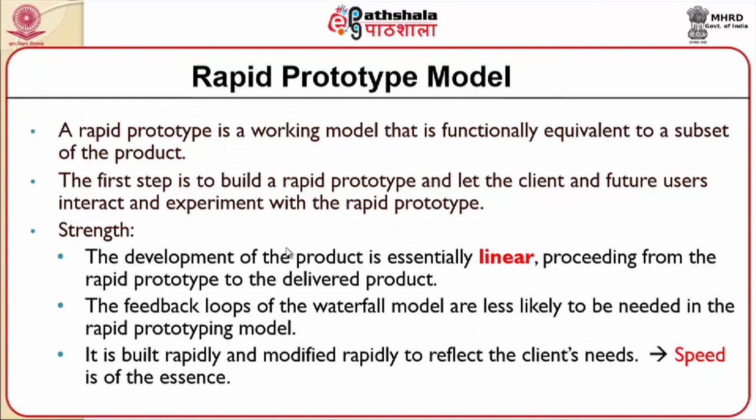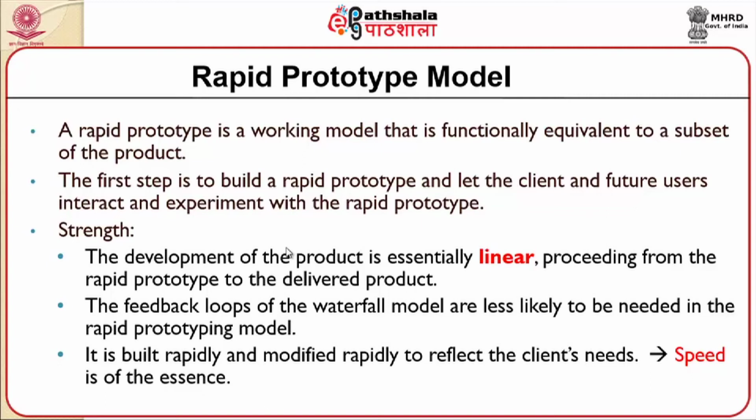So to look at more detail about the rapid prototyping model, a rapid prototype is a working model that is functionally equivalent to a subset of the product. So the first step is to build a rapid prototype and let the client and future users interact and experiment with it. The major strengths of this model include that the development of a product is essentially linear, proceeding from the rapid prototype to the delivered product.